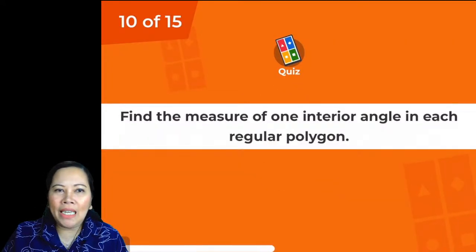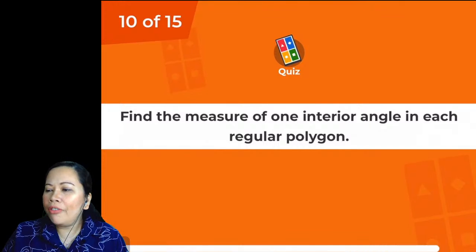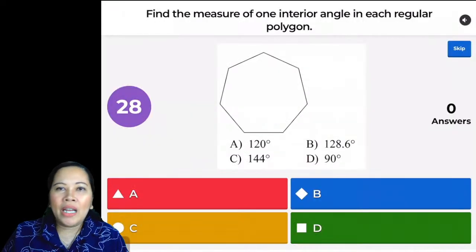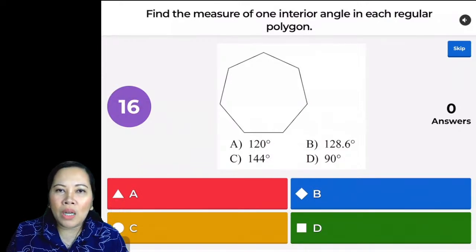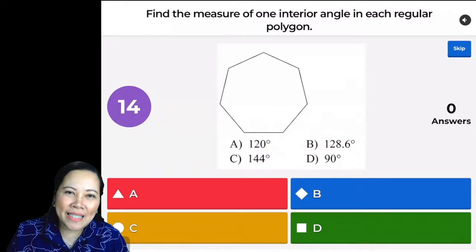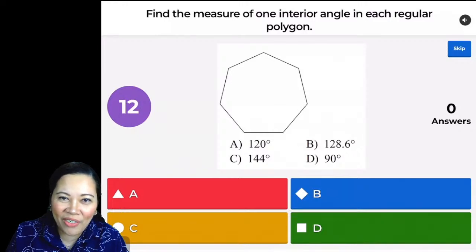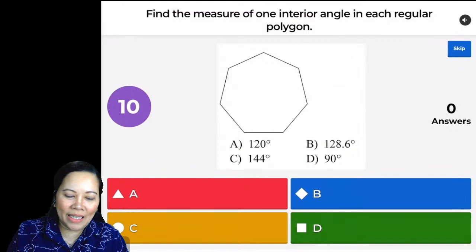Question number 10. Find the measure of one interior angle in each regular polygon. This is a regular polygon. That's 1, 2, 3, 4, 5, 6, 7-sided polygon.